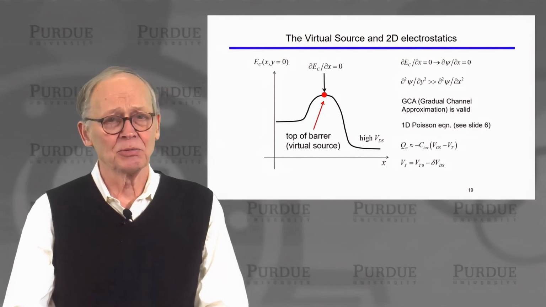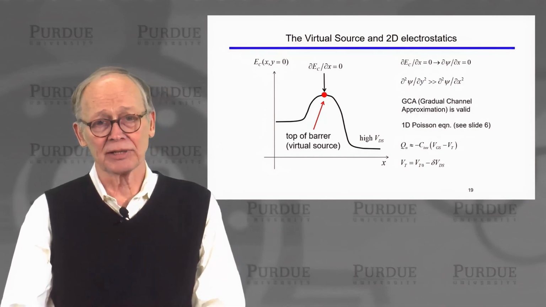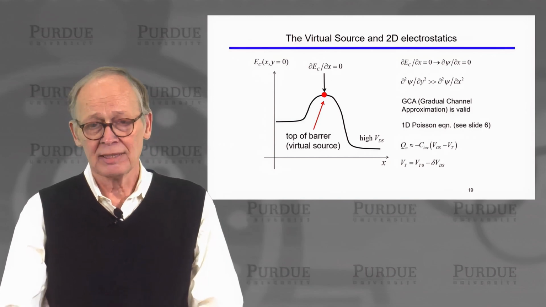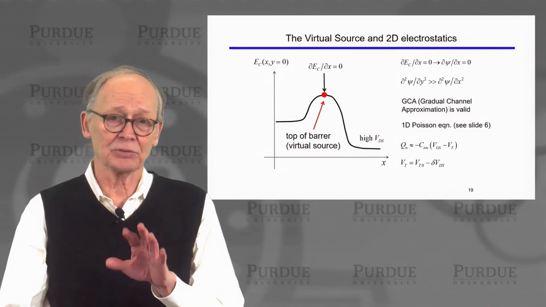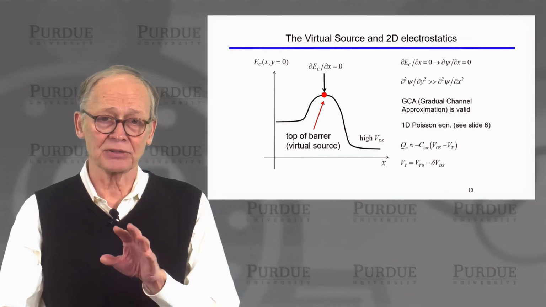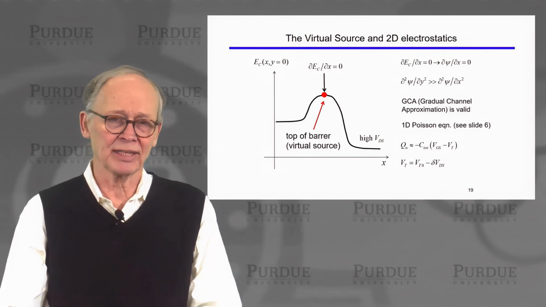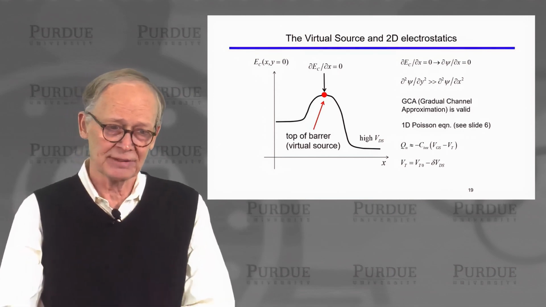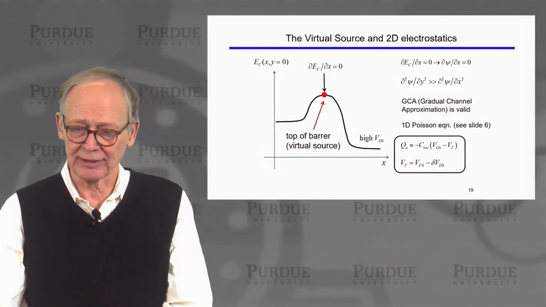There will be some small influence of two-dimensional electrostatics through DIBL. DIBL affects the threshold voltage. But we essentially have an expression that is very close to the expression we developed when we were only thinking about a one-dimensional Poisson equation, with the dimension being into the depth of the semiconductor.